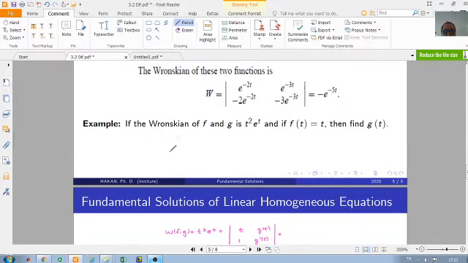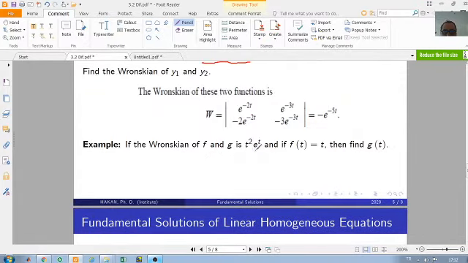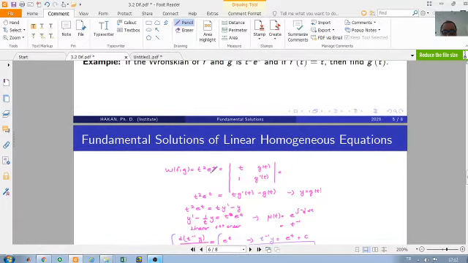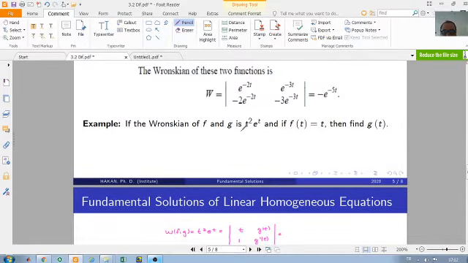Another example: find g if the Wronskian of f and g is t squared times e to the power t, and we know f of t is equal to t. So let's find g of t. According to the definition of the Wronskian, we know its result, which is t squared times e to the power t, and the first row is formed by the given functions.